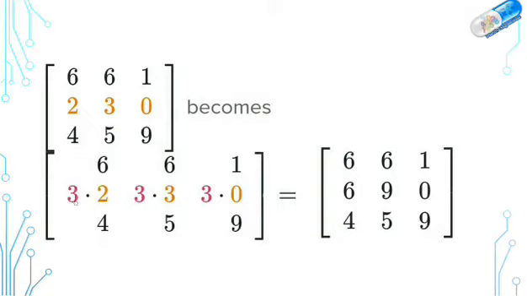So multiply 3 times 2, 3 times 3, and 3 times 0. And again, this is R1 with no change. Now R2 became 3R2. So this is 3 times R2, which is 6, 9, and 0 instead of 2, 3, and 0. And R3 remains without change also.